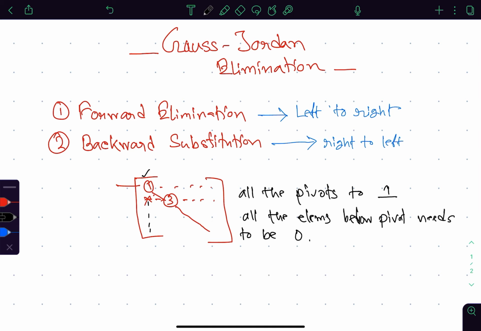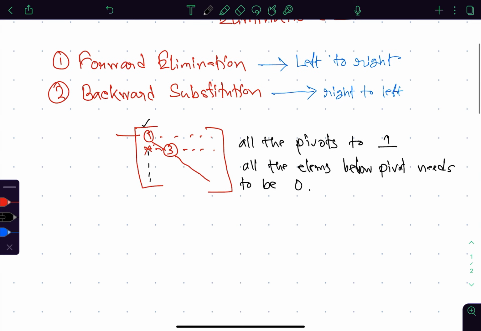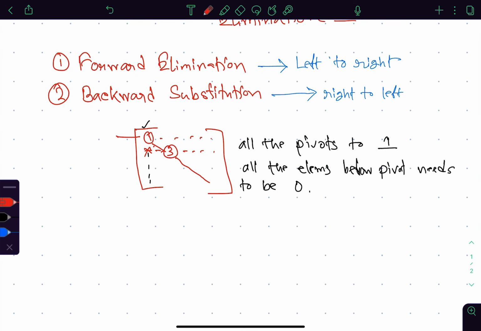For backward substitution, what we need is, once we have the matrix in forward elimination form, that means we have all the pivots in what we might call upper triangular form.